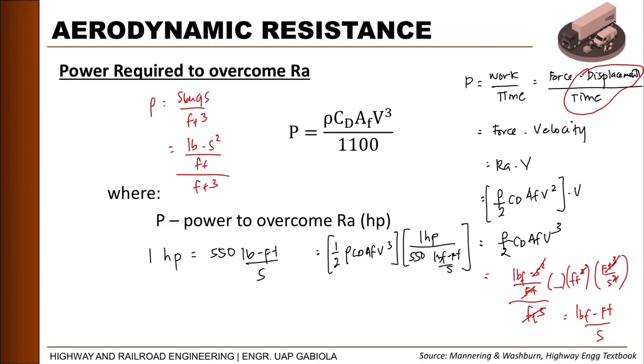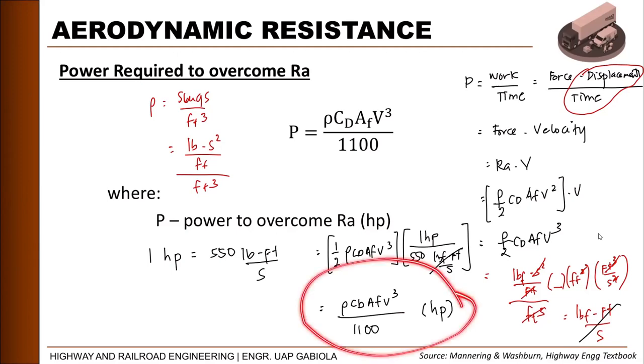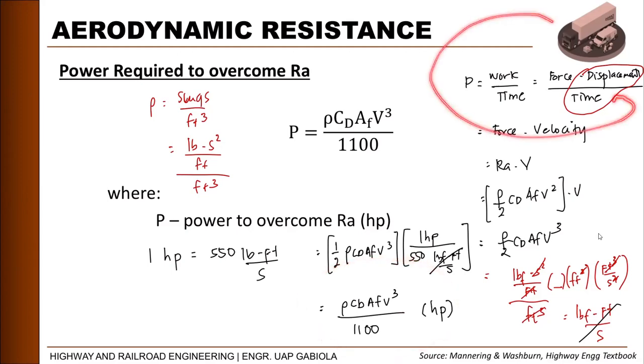Okay? So, magka-cancel out yung unit ng itong unit na 'to, no? And then, this will be now rho C D A F V cube all over 1,100 which is in horsepower na siya, okay? Ayan. So, yan yung conversion kung paano nakuha 'tong value na 'to based from the concept ng formula ng power. I just showed you kung paano nag-arrive sa pound force feet per second and then convert it into horsepower.